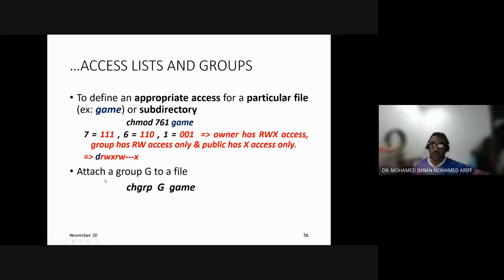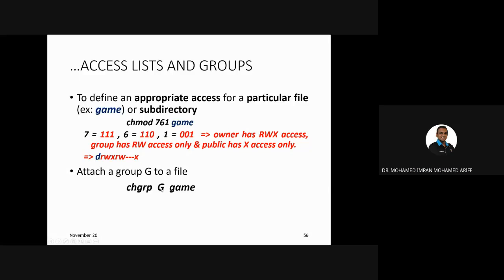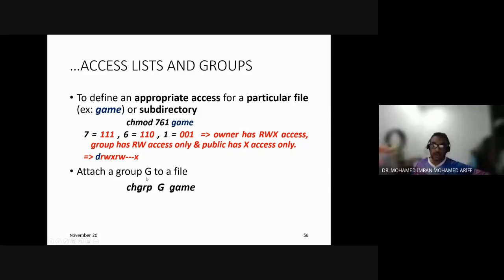We can also do another method. This is to change mode, meaning you change a particular file. But if you want to attach a group to a file, we can do another command called change group, G, to the file. That means you have a particular group already, which can be A, B, C, D, or so on.